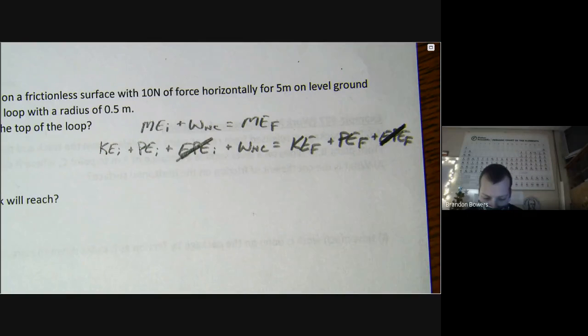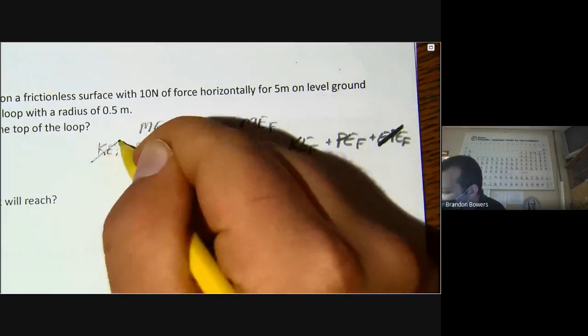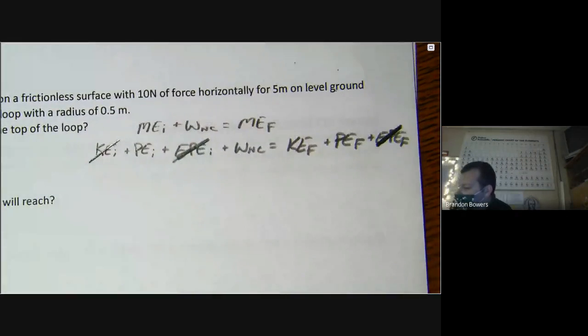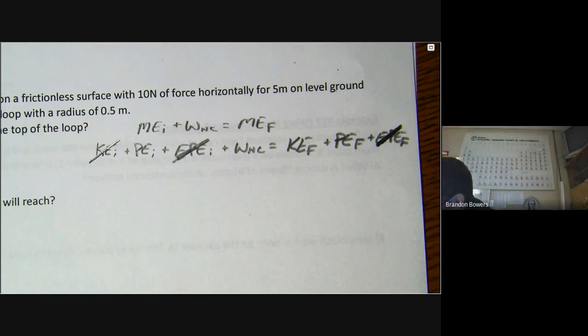Do I have initial kinetic energy? No. Down to 4. All right. You push it, initially at rest on a frictionless surface with 10 newtons of force horizontally for 5 meters. So do I have initial potential energy?